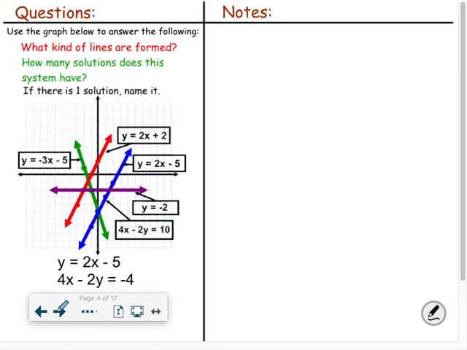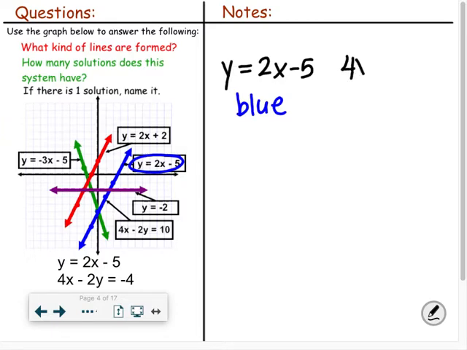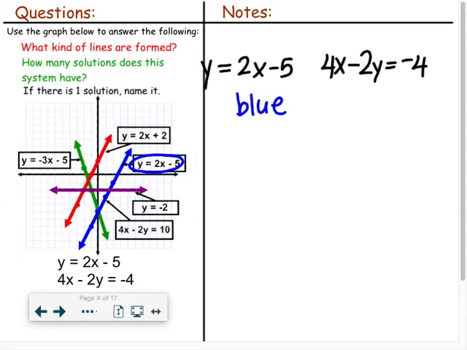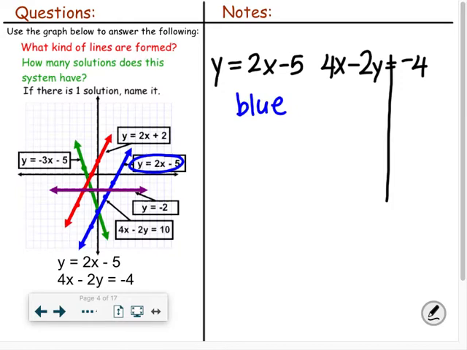Okay, the next one, we've got y equals 2x minus 5. So that's our blue line again, right here. And then the second one, 4x minus 2y equals negative 4. I do not see an equation that matches that one. So if you don't see an equation that matches, that means that you need to solve it.